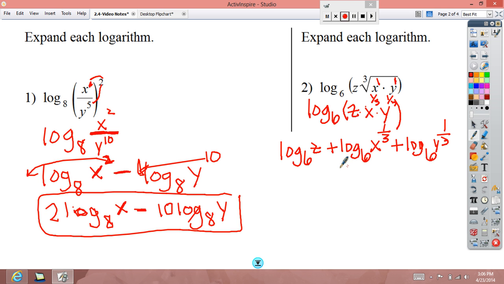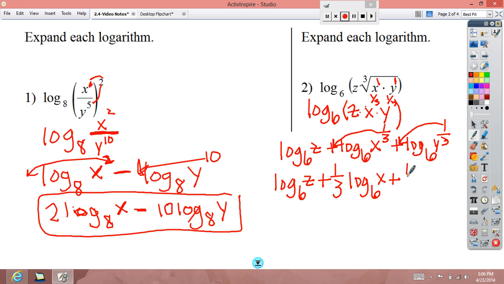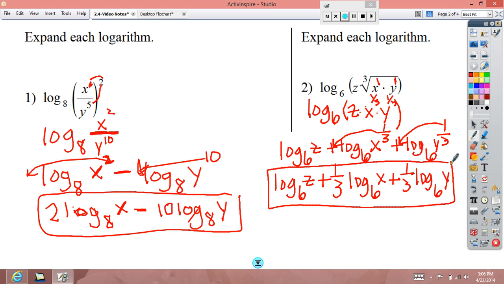Okay? But you'll also notice that we have these exponents, and so these have to come down to the front. Eventually you can do this step in one, once you figure these out, you'll probably think to yourself to do that all at once. But here we'll do it all. So the 1/3 comes in front as the coefficient, log base 6 of x plus 1/3 log base 6 of y. And there's your expanded.